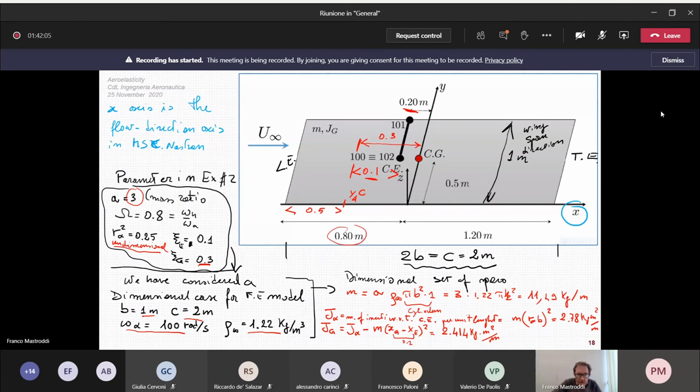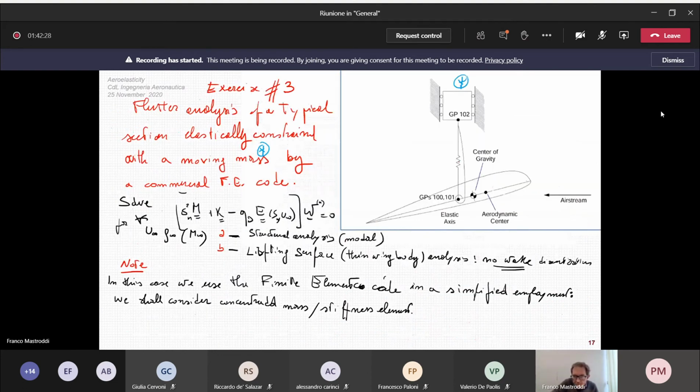The last two quantities to be evaluated are the spring stiffness KH, the stiffness of this spring, and the rotational spring, K alpha.